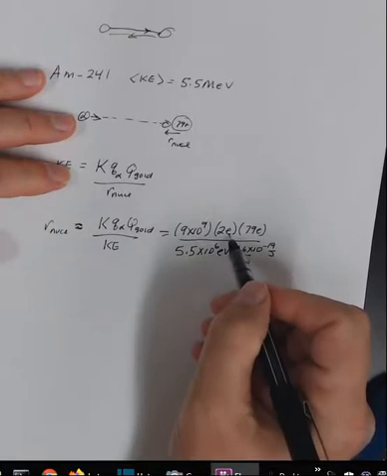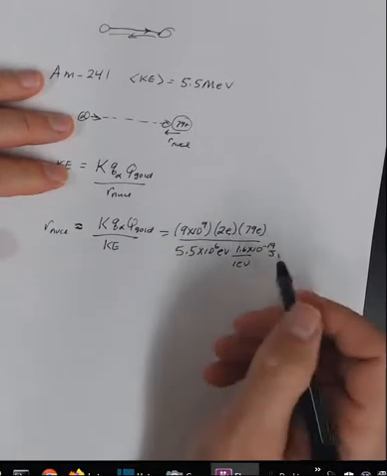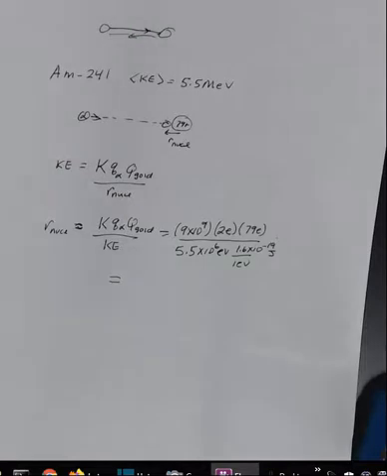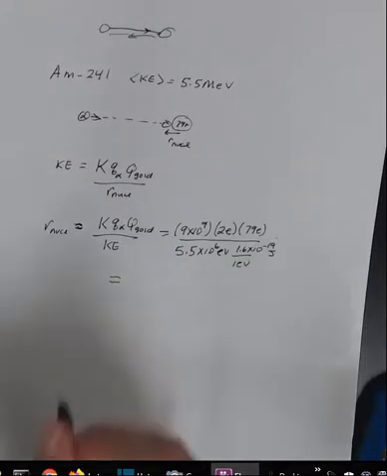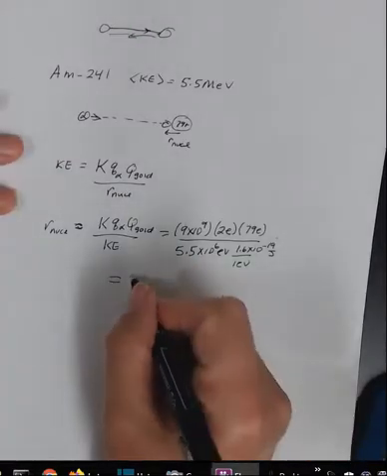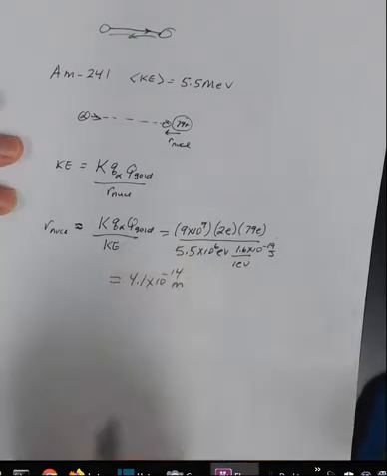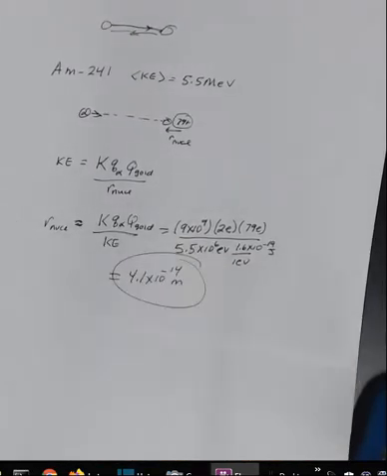Then I'll put in the value for e, which is 1.6 times 10 to the negative 19. When I put that into my calculator, I get 4.1 times 10 to the negative 14 meters. So that gives you an idea. That would be a very big nucleus, right?